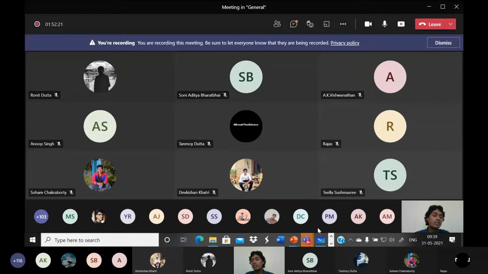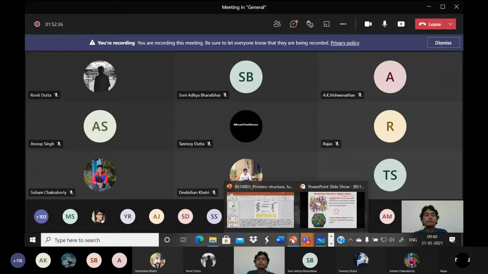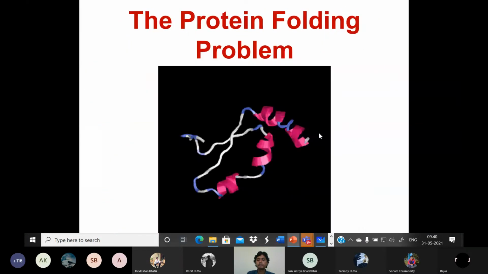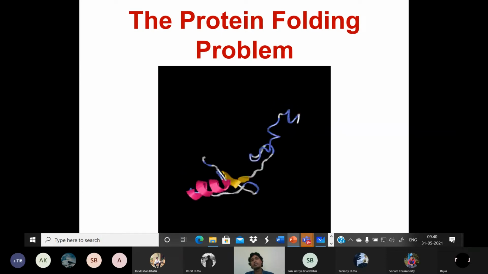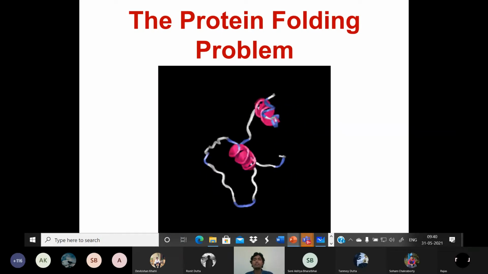How will it hold? What decides? What are the physical or chemical factors that decide the holding of a protein? That we need to know, right? Here the question, the protein folding problem.